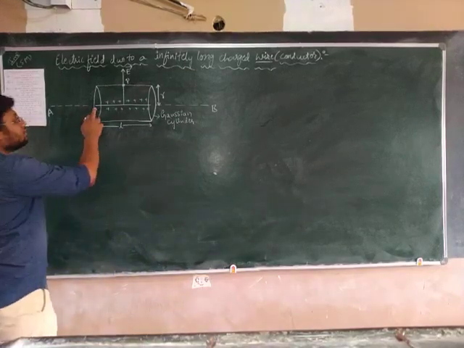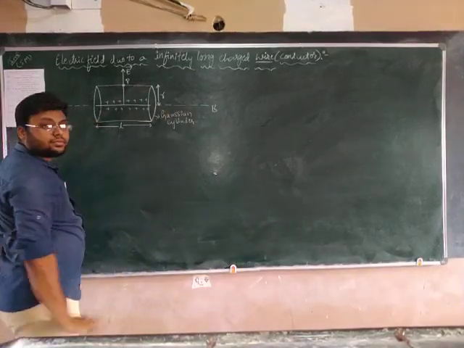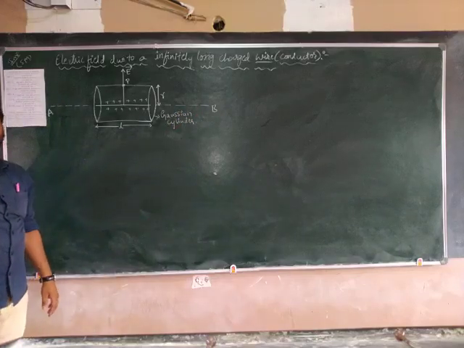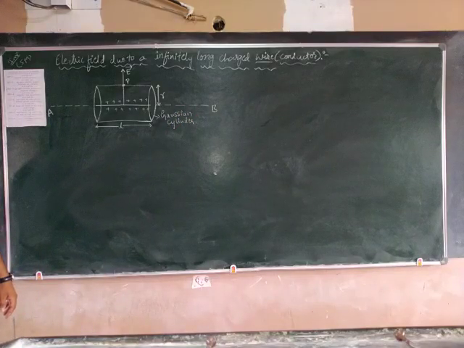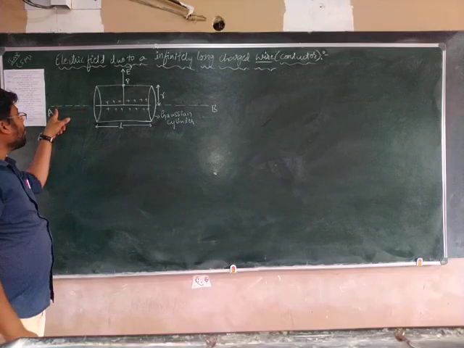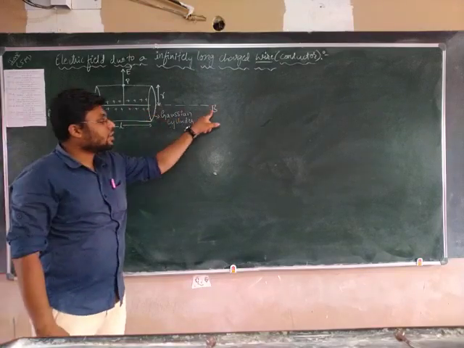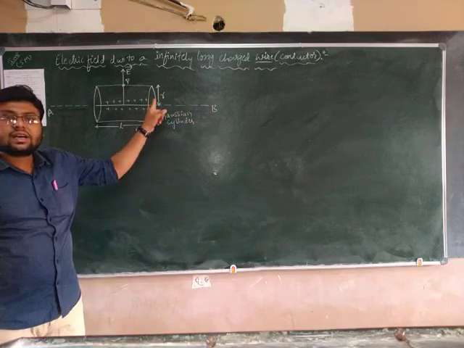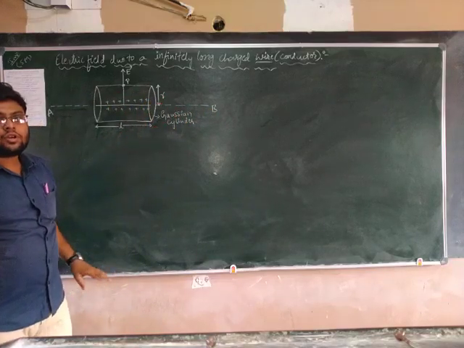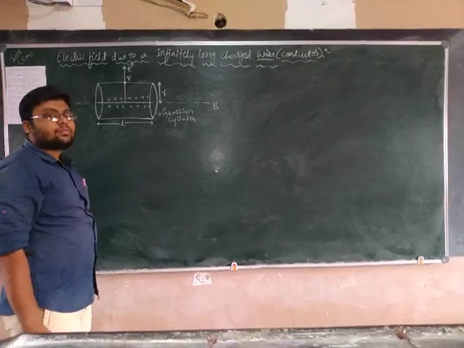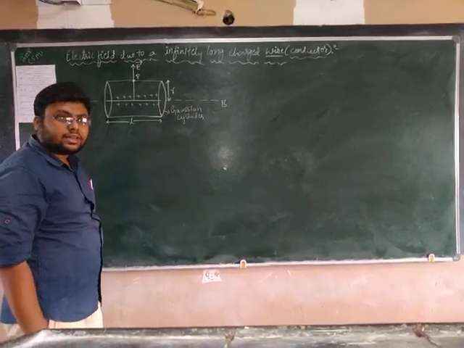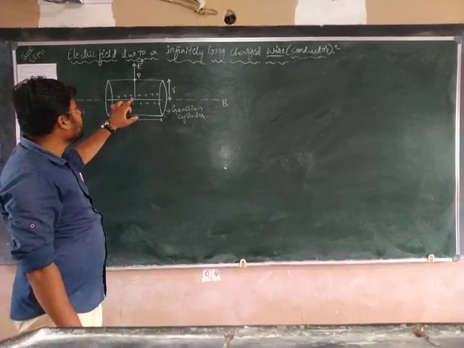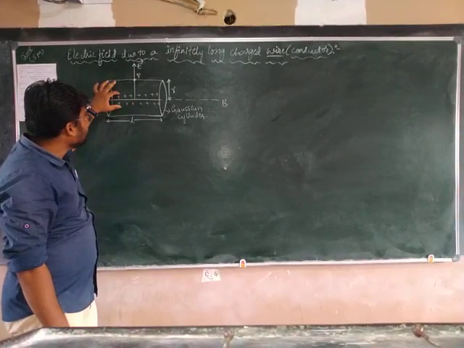So here this line AB is the infinitely long charged wire. I have taken a dotted line for our convenience. It's not like that, it is a continuous wire. It is a charged conducting wire. Now we have to determine the electric field due to the charges which have been accumulated on the surface of this wire that I have represented here.